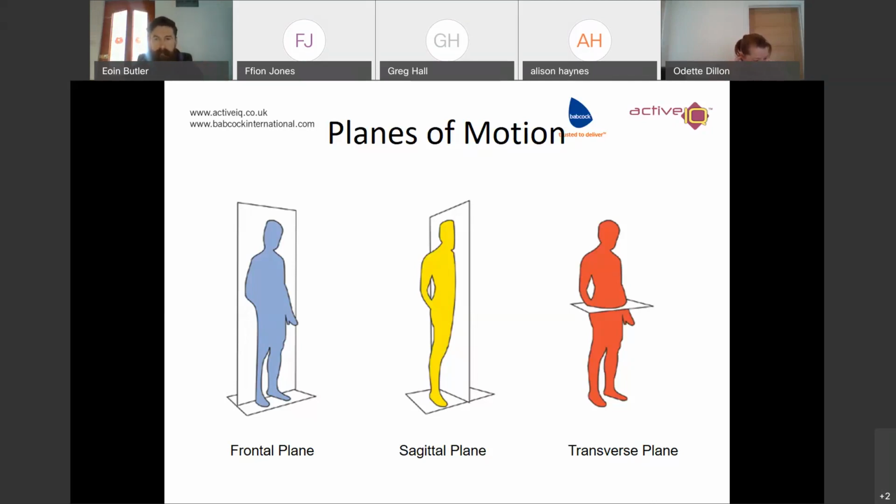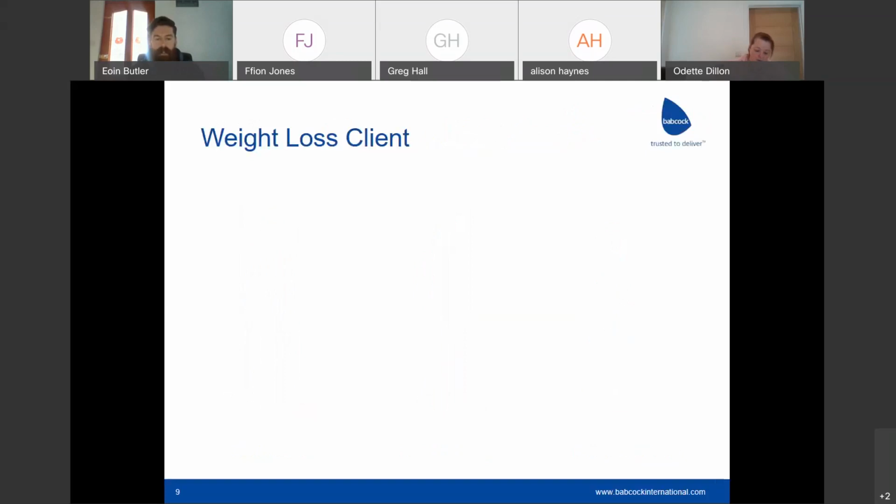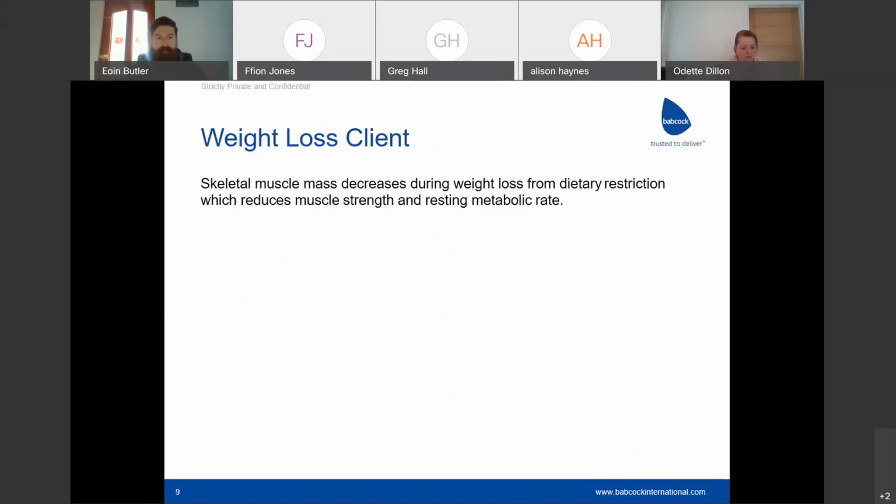Okay, so when we work with a weight loss client, skeletal muscle mass decreases during weight loss from dietary restriction, which reduces muscle strength and resting metabolic rate. So if somebody wants to lose weight and all they do is look at their nutrition, they don't do any activity, they are going to reduce their muscle mass as well, and muscle strength.